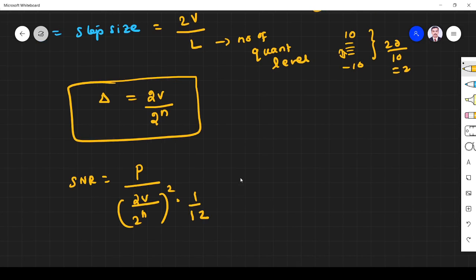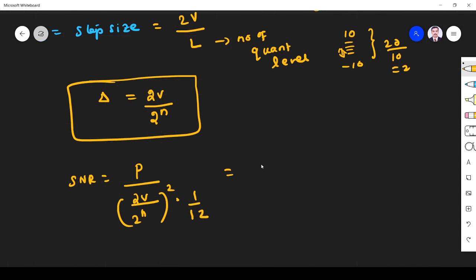If you simplify, I get P divided by 4V squared by 2 power 2n into 1 by 12.